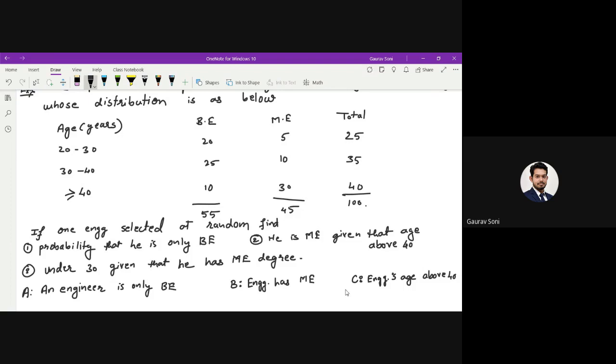So if you combine B and C, you can find out the probability for the second one. What about D? An engineer under 30.